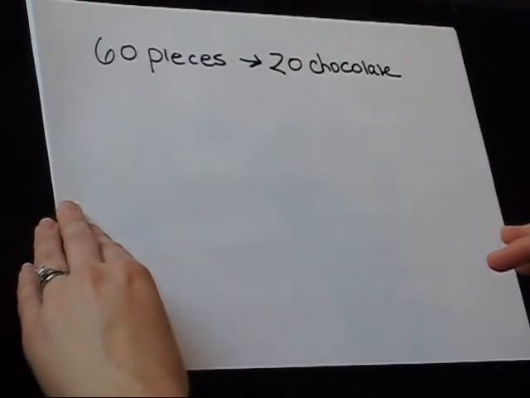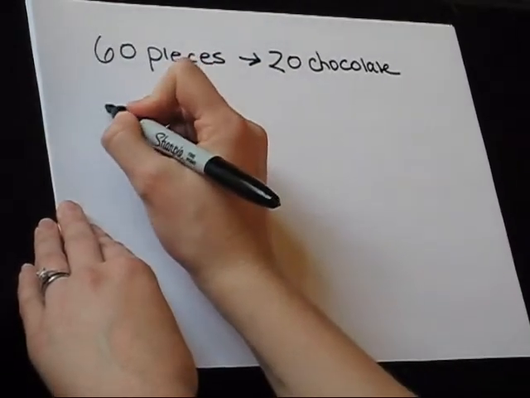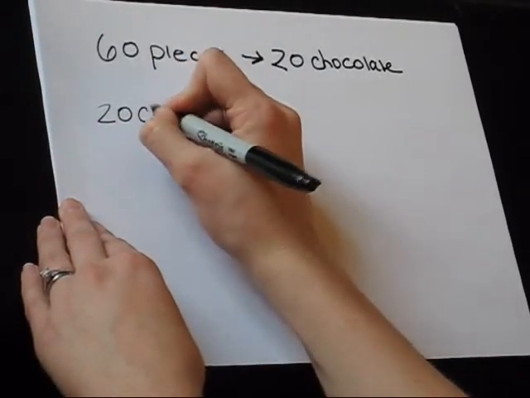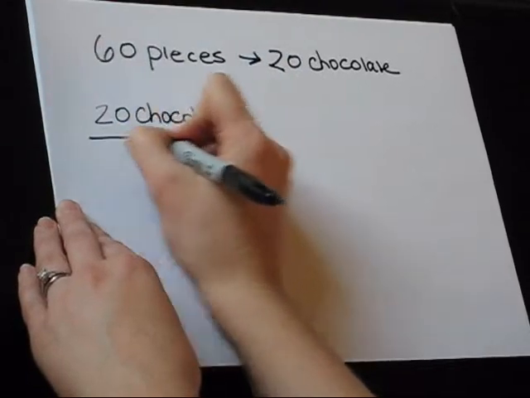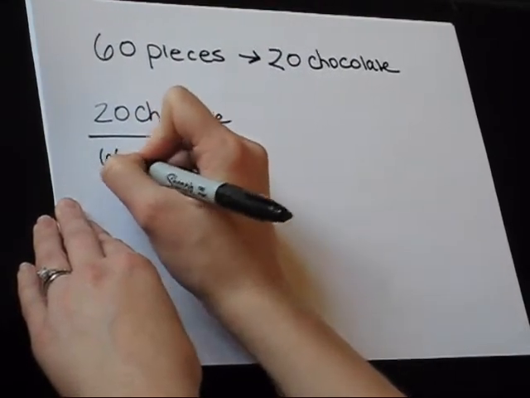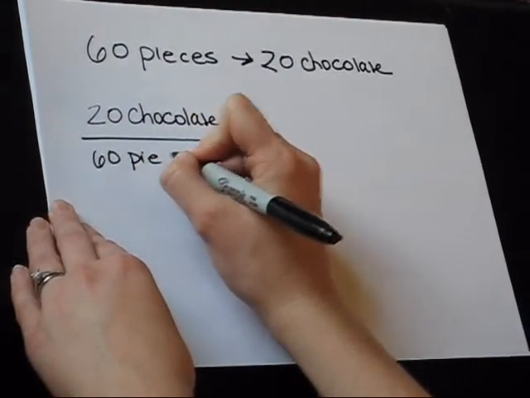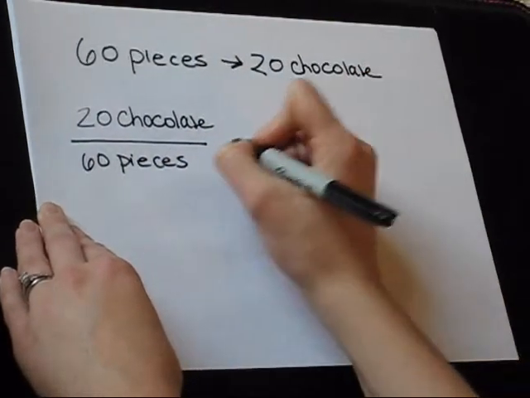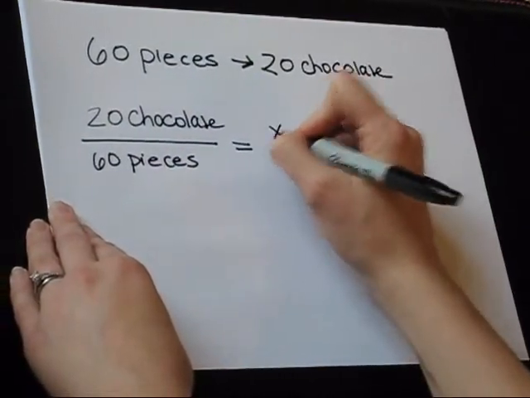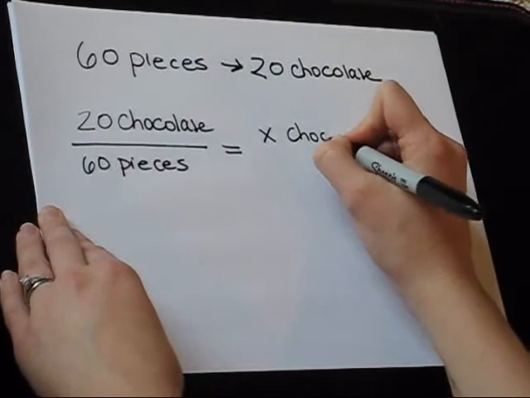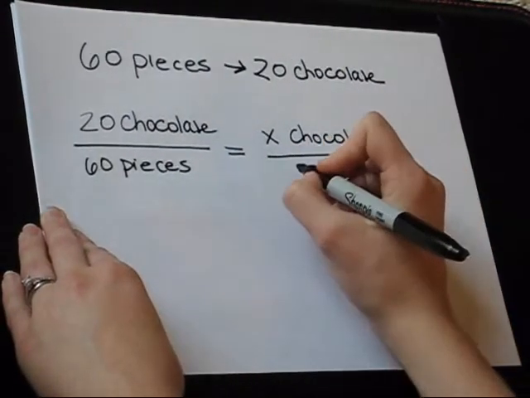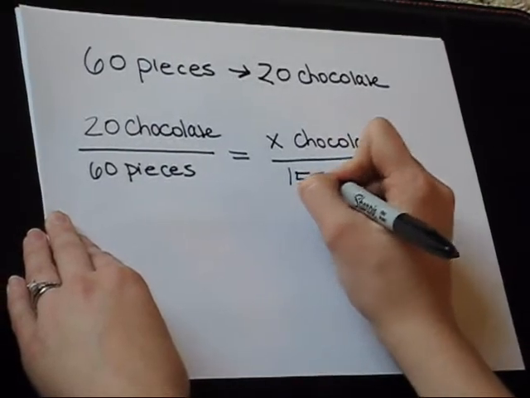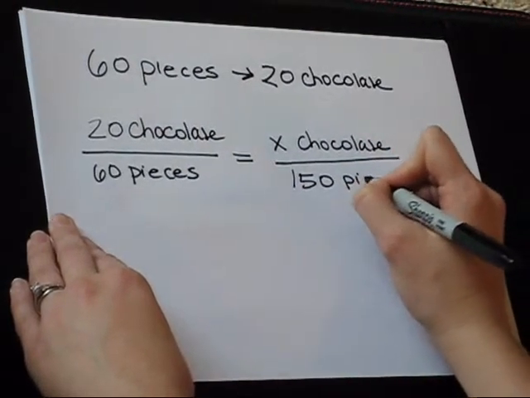Now let's set up another proportion. 20 chocolate pieces of candy over 60 total pieces equals x chocolate pieces over 150 total pieces of candy.